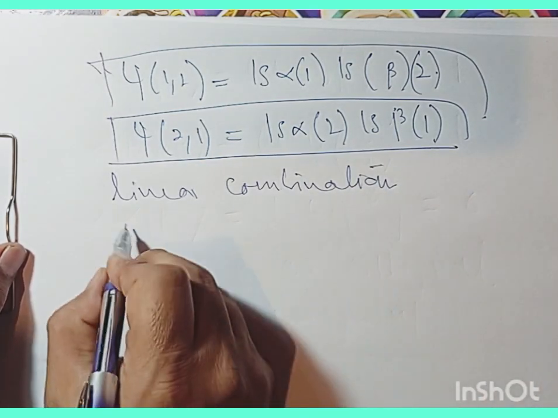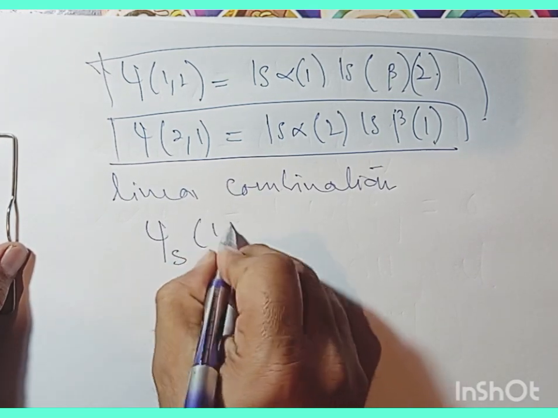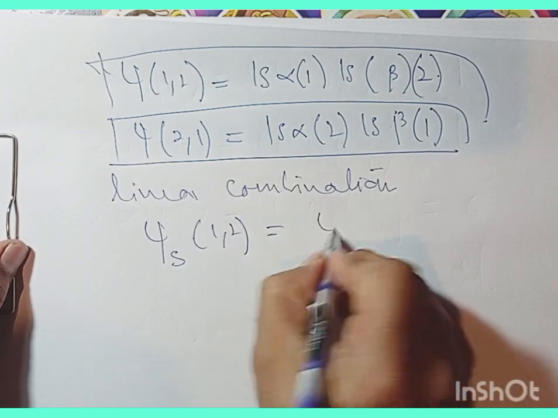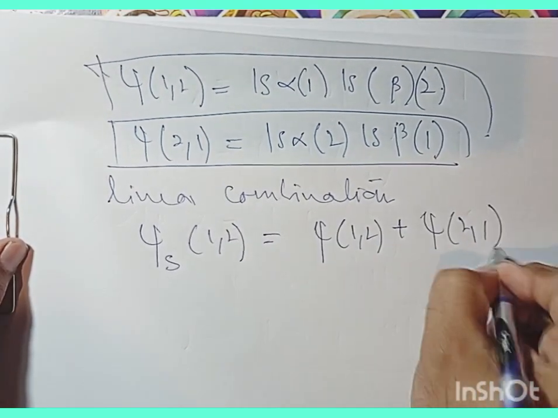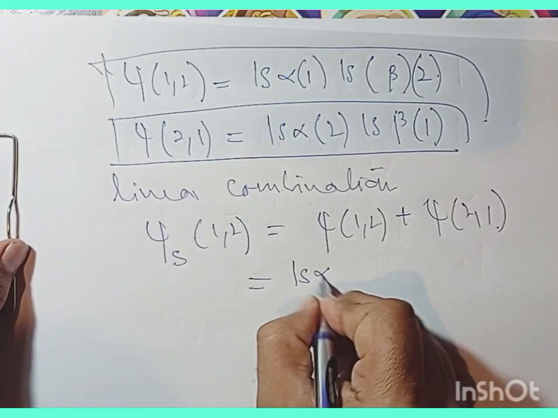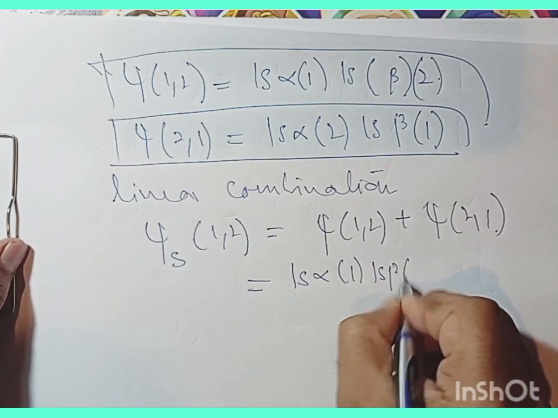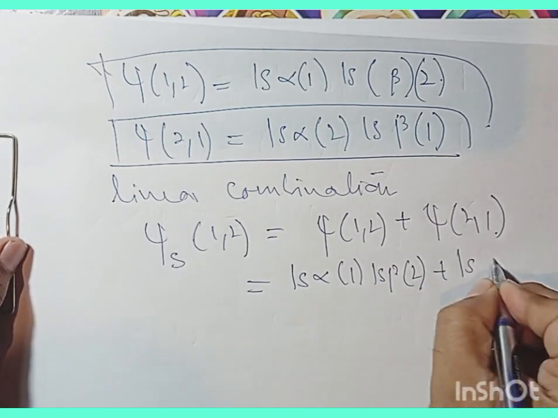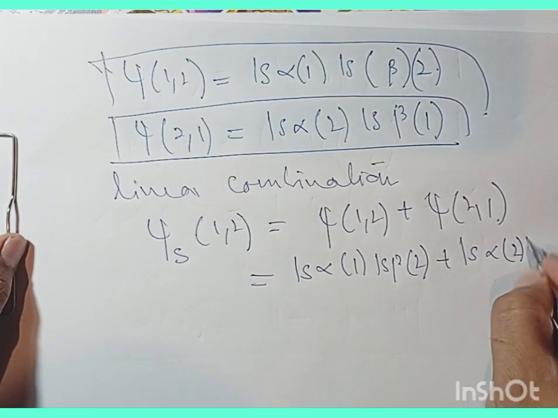For that, we understand that psi is symmetric in 1 and 2. If we have symmetric, we will have psi of 1 and 2 plus psi of 2 and 1, and we can write it in terms of the orbitals: 1s alpha 1, 1s beta 2 plus 1s alpha 2, 1s beta 1.